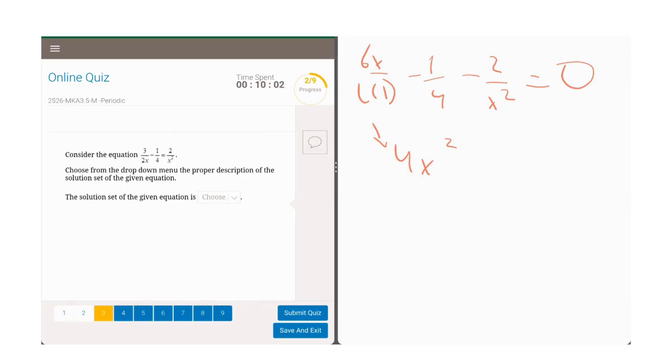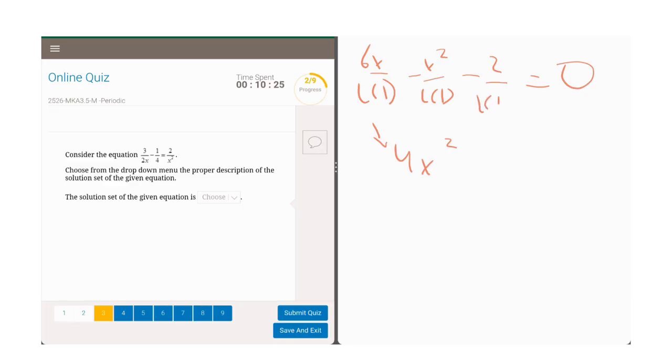So minus 1 over 4, so for 1 over 4 to become the denominator 4x squared, multiply the numerator by x squared, so we'll have x squared. This will be over the LCD again. And then here we have x squared. We need it to become 4x squared. So we multiply by 4.